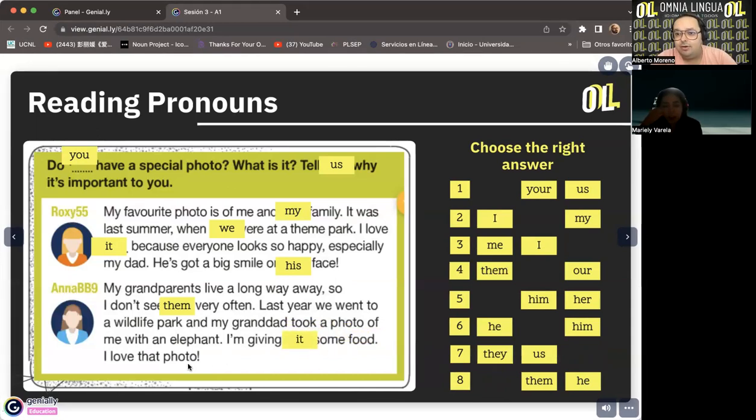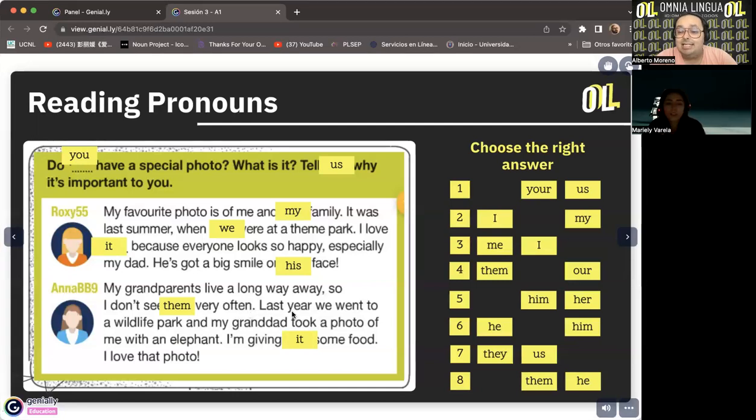I love that photo. After me. My grandparents live a long way away, so I don't see them very often.